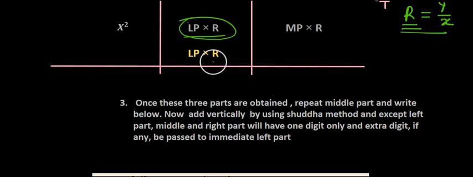And if there is an extra digit, it should be passed to the immediate left part. That means if you have an extra digit in the right part, then that extra digit is passed to the middle part, because it is the immediate left part of the right part. If you have an extra digit in the middle part, then you have to pass that extra digit to the left part.